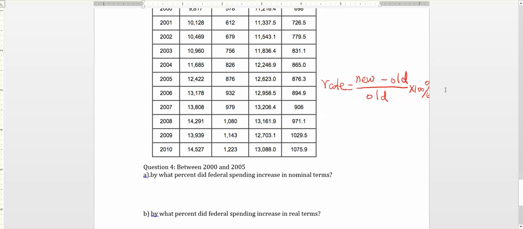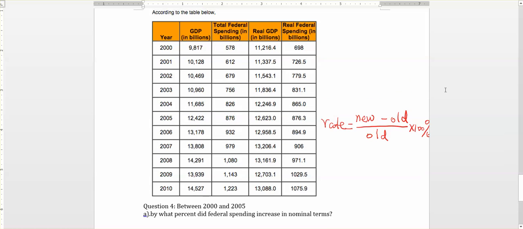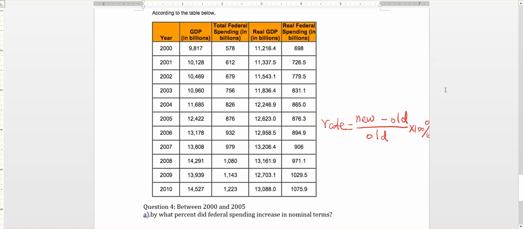By what percent did the federal spending increase in nominal terms between 2000 and 2005? Obviously, the new number is the federal spending in 2005, and the old number is the federal spending in 2000. Now we can go back to look at the table. The first column is the year.